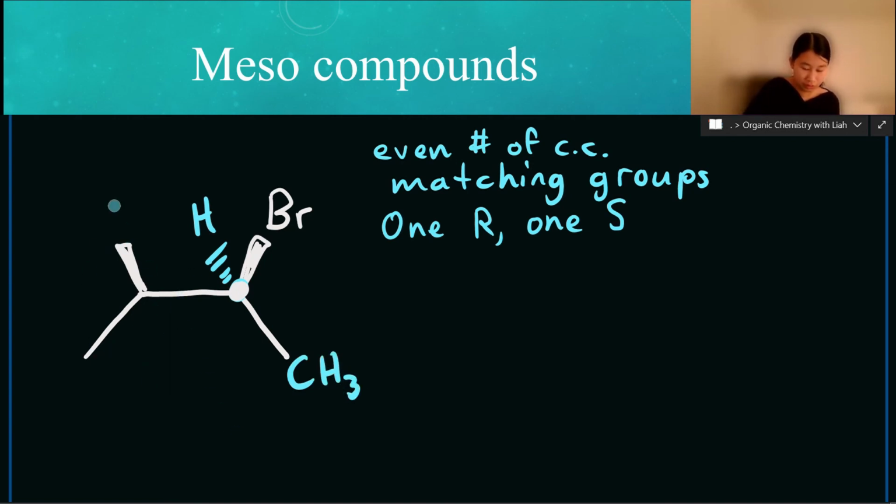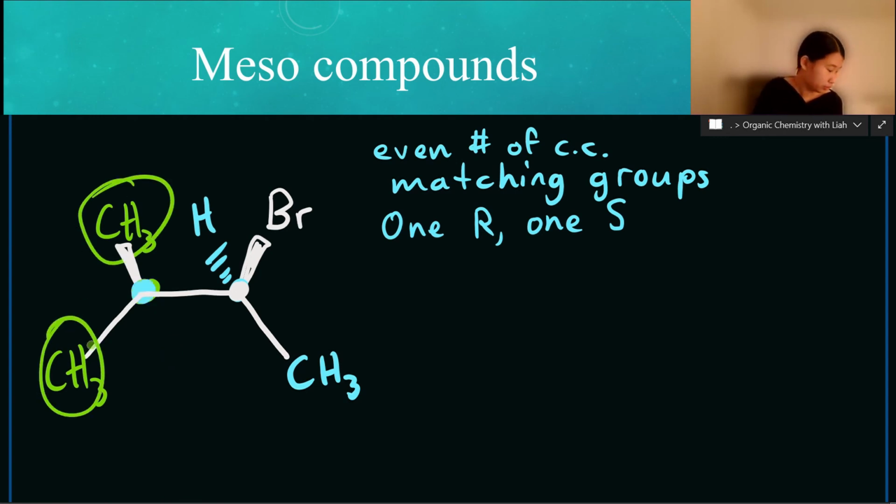Now over here, what's going on? Well, this carbon right here, I'll do it in green, is bonded to CH3 here, CH3 here. We automatically know, without doing anything else, that a carbon attached to two of the same group, these two methyls, means that this carbon is not a chiral center.